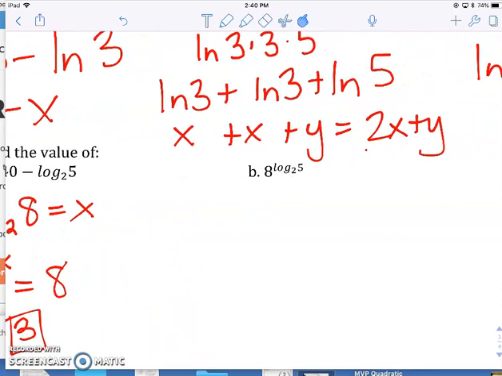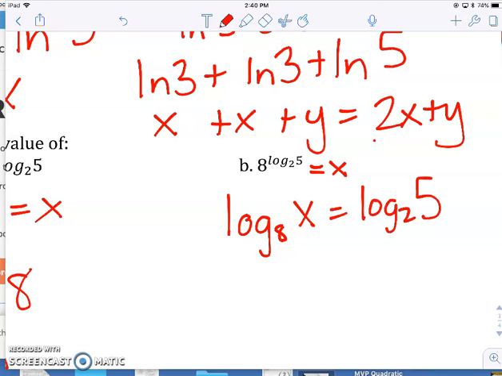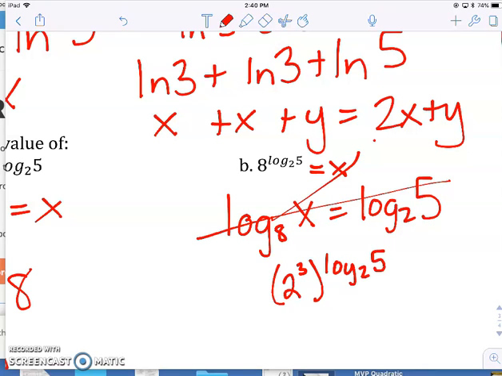And then the last one. Well, let's write this as we know what equals x. So if we wrote this as a log, it'd be log base 8 of x equals log base 2 of 5. Well, that doesn't help us too much. So let's see, what else do we notice here? Well, I notice this has a base of 2, and 8 can be written as a base of 2. So I wonder if we rewrote this with a base of 2. So 2 to the third to the log base 2 of 5.